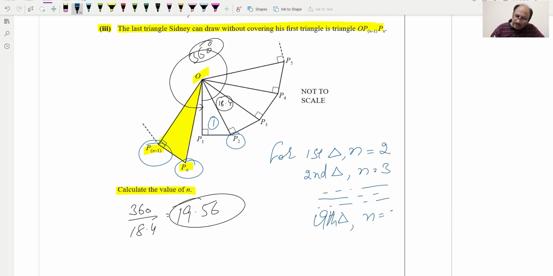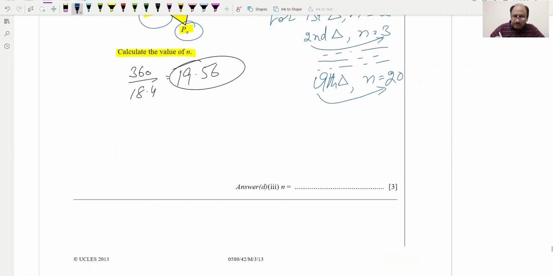For the 19th triangle n will be equal to 19 plus 1, which is 20, because if this is second we are getting n equal to 3, so 1 is added. If this is first, this will be 2, if this is second, this will be third, if it is 19th, it will be 20th. So n is equal to 20. We can write our answer over here, and this was a 3-mark question.